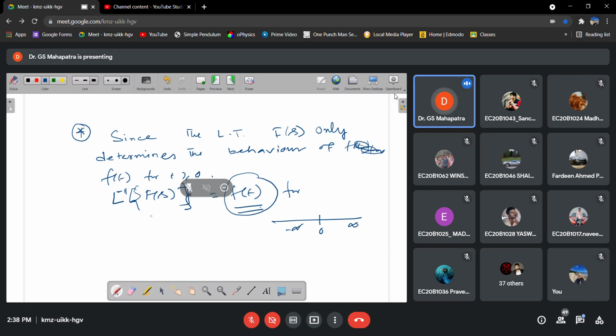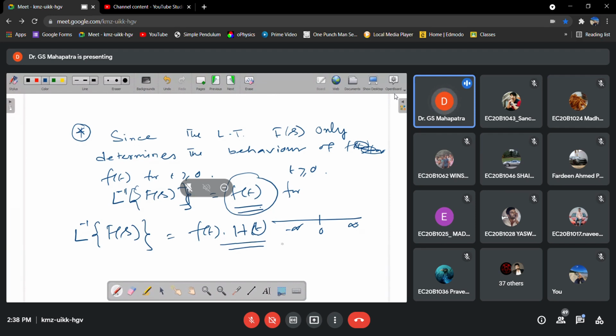In that case, either you have to write t greater than or equal to 0, or else you can write the Laplace inverse transform of F(s). This one into that one is f(t) into the Heaviside function. The Heaviside function takes the value 1 if t is greater than 0, otherwise it takes 0.